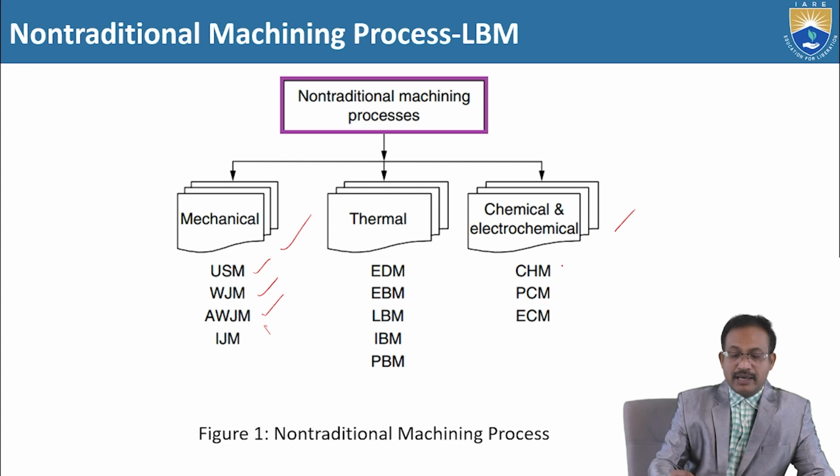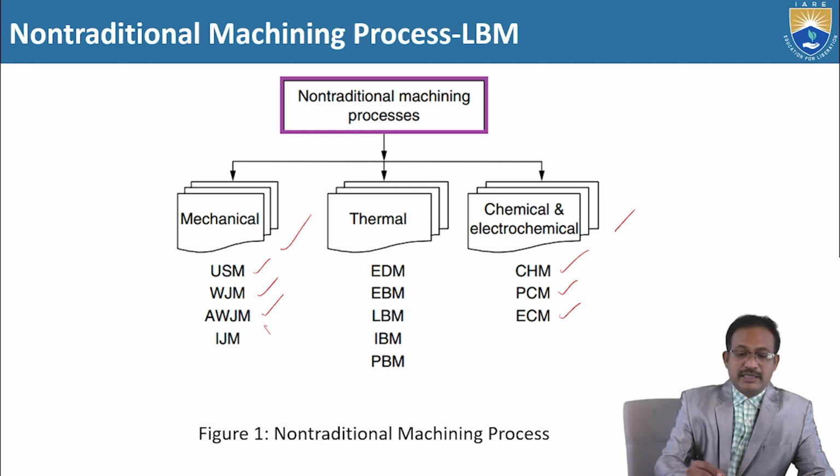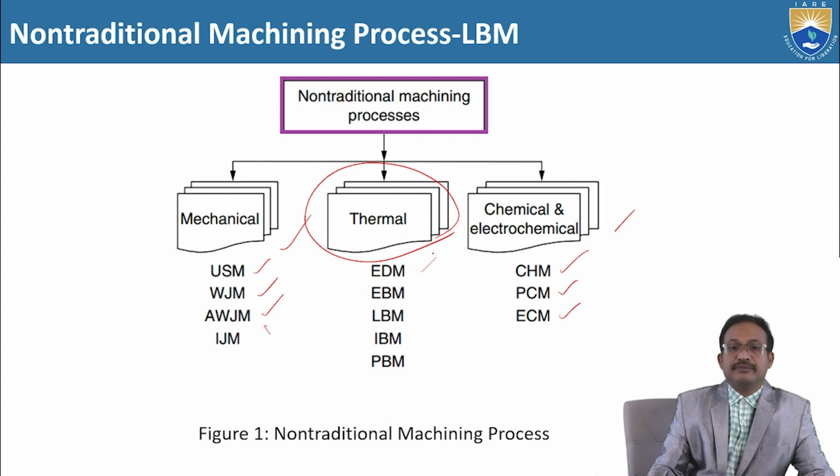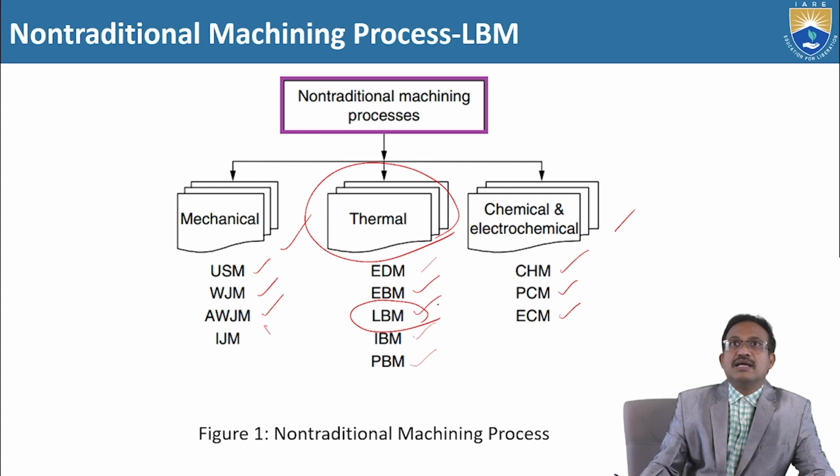In chemical and electrochemical, chemical milling, plasma chemical milling, electrochemical milling. In thermal, we have electro discharge machining, electron beam machining, laser beam machining, ion beam machining, plasma beam machining. Today we are discussing laser beam machining.